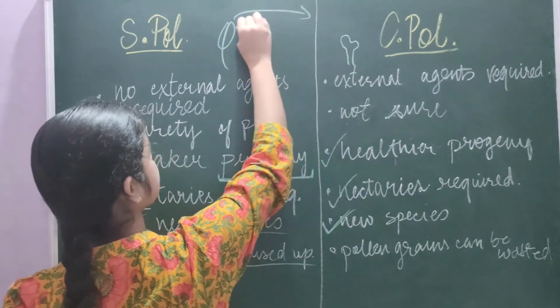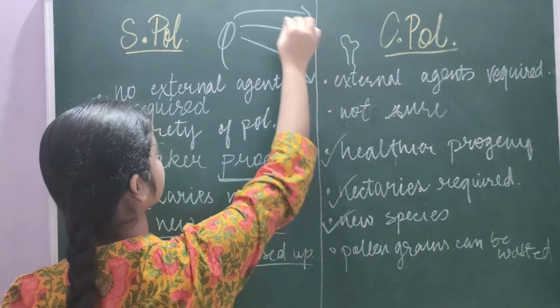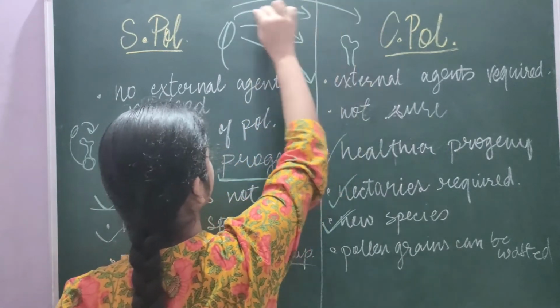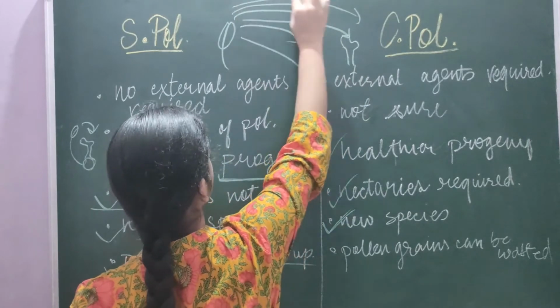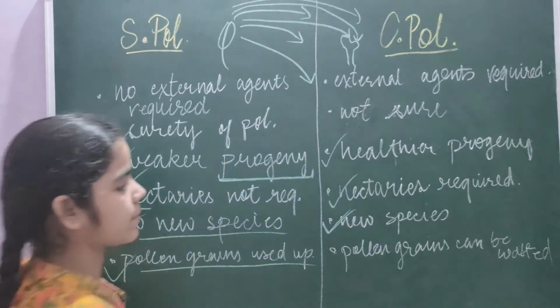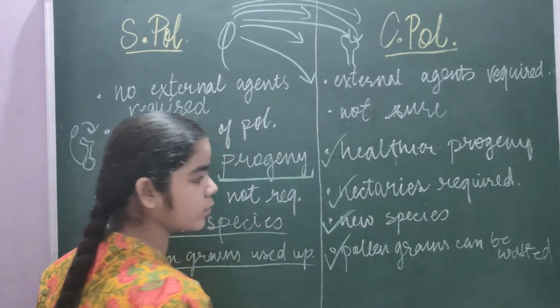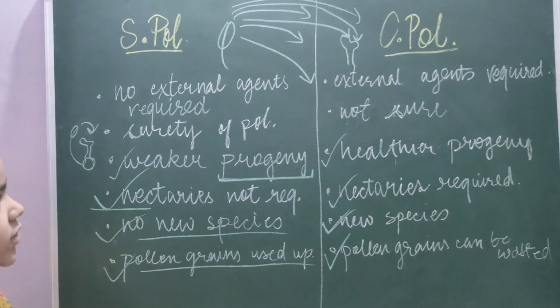So some pollen grains fall on the ground and some are lost in the wind, while there are very few chances that pollen grains will fall on the stigma. So pollen grains can be wasted. These were some main differences between self-pollination and cross-pollination.